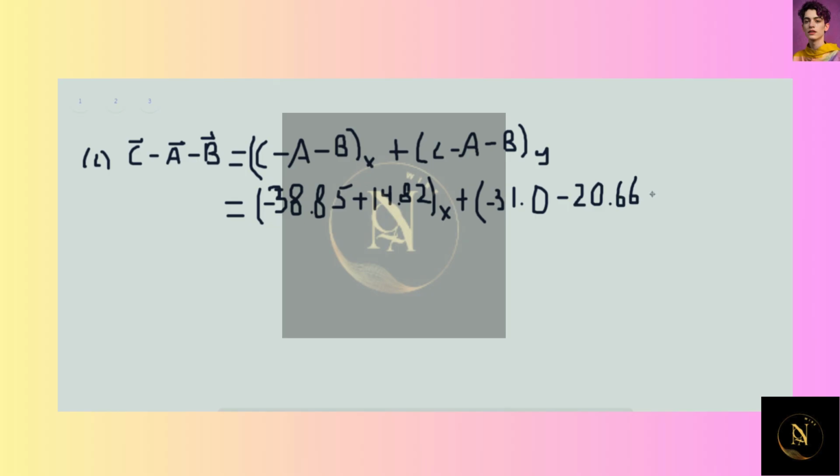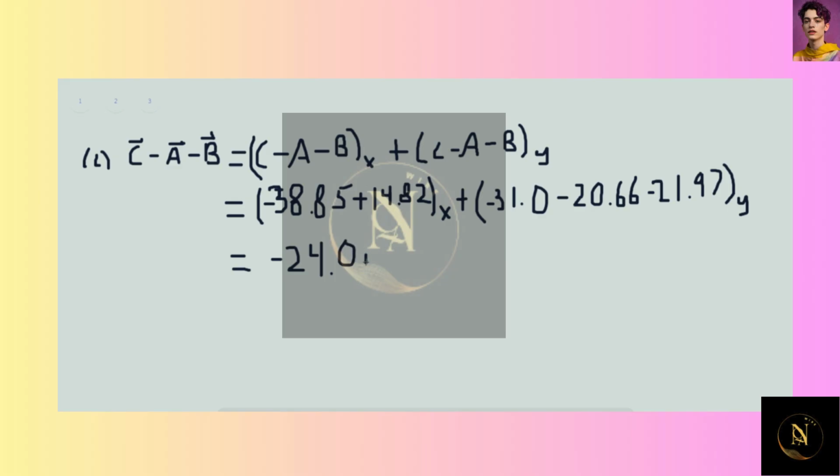And then minus B. B in the y direction was 21.97, so this is going to be minus 21.97. That's the y direction. If you go ahead and carry this out, you will see that it's minus 24.